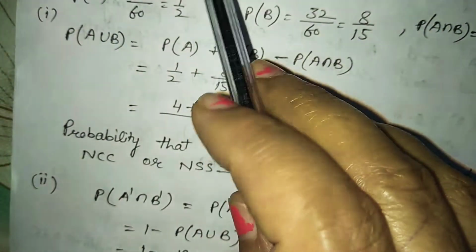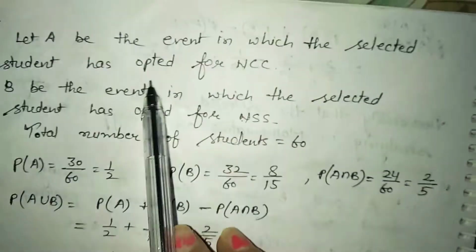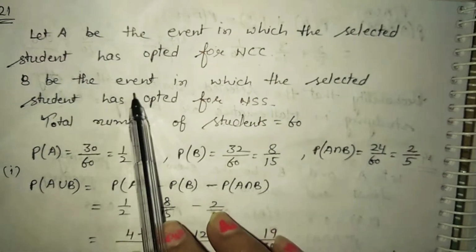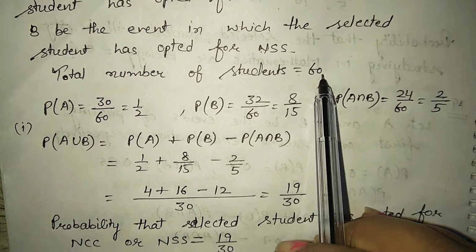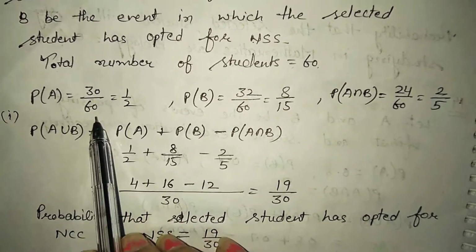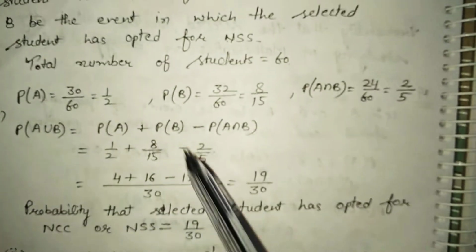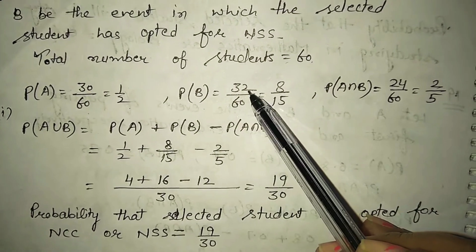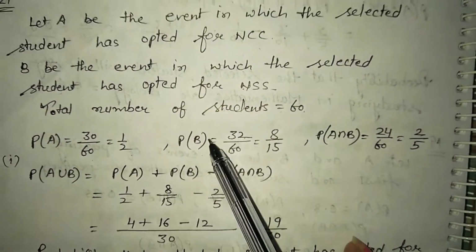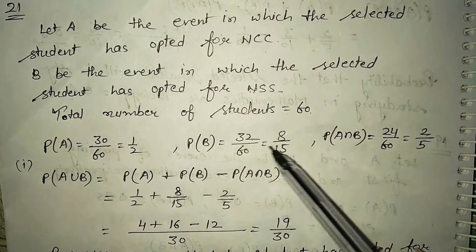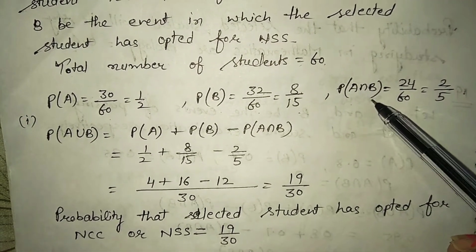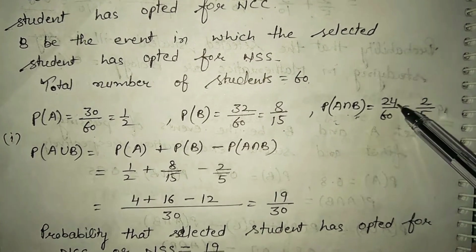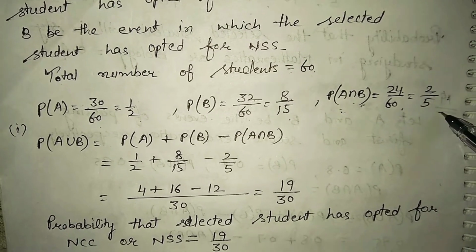Let A be the event in which the selected student has opted for NCC, B the event in which the selected student opted for NSS. Total number of students is 60. Then P(A) is 30 upon 60, that is 1 by 2. P(B), the probability of a student who opted NSS, is 32 upon 60, that is 8 upon 15. P(A intersection B) means both, so 24 upon 60, this is 2 by 5.